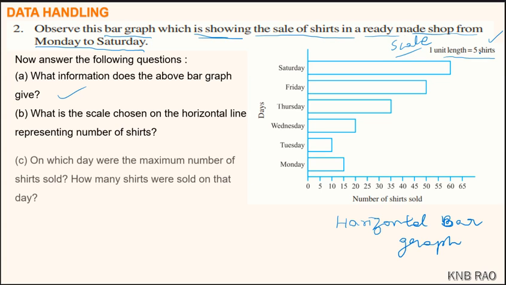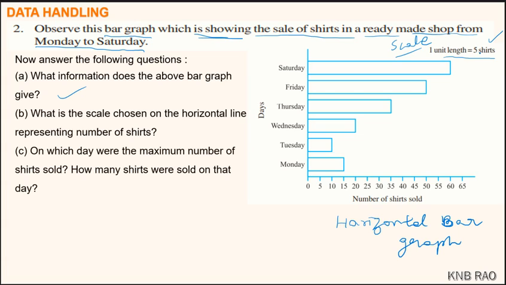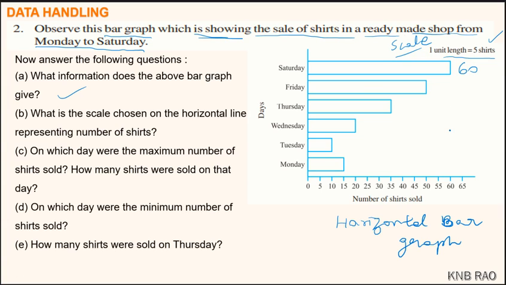Then, on which day were the maximum number of shirts sold and how many shirts were sold? Here on Saturday the maximum number of shirts were sold, and you could see that 60 shirts were sold. And on which day were the minimum number of shirts sold?